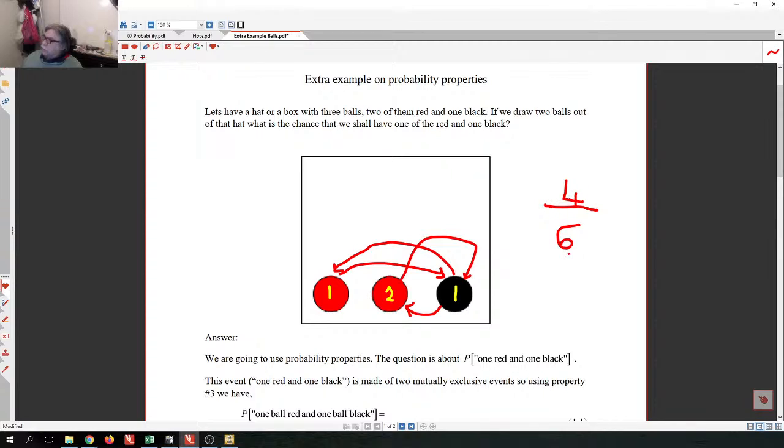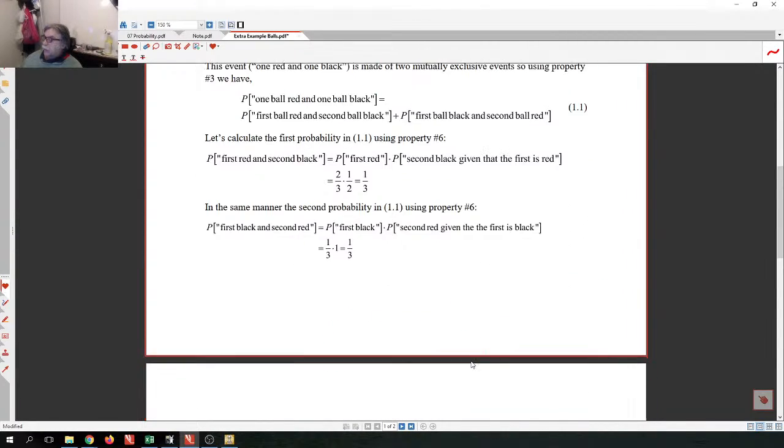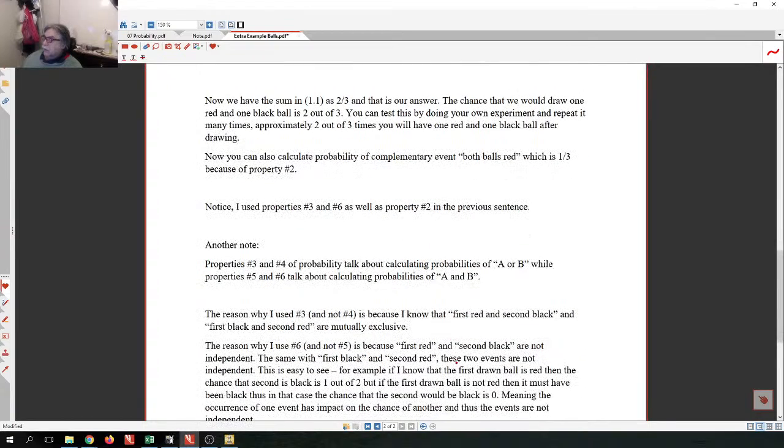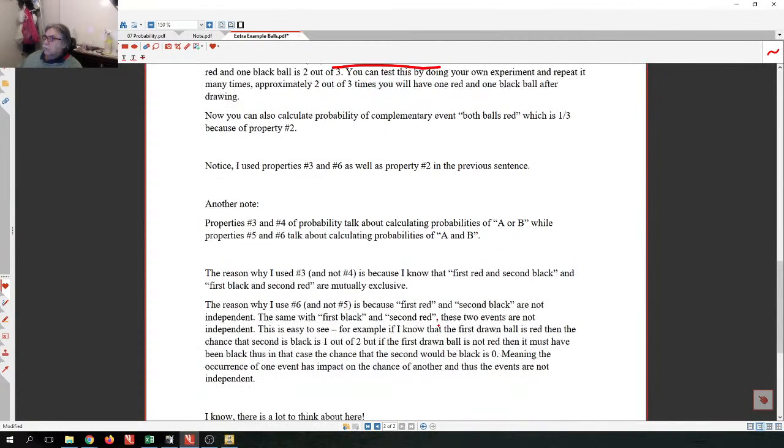And of course, you can reduce this by 2 up and down, and you get the answer that we have at the end here. So that's our answer. Okay, 2 out of 3.